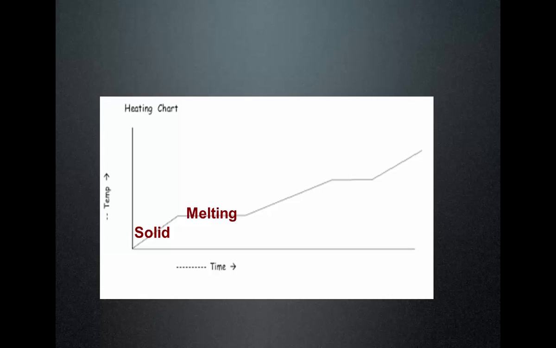It doesn't continue to get warmer. The temperature stays at the melting point, which for water is 0 degrees, until when? It'll stay at that temperature for a while, until what happens? Until it's completely a liquid. So all of the solid is gone, and then it's completely a liquid.